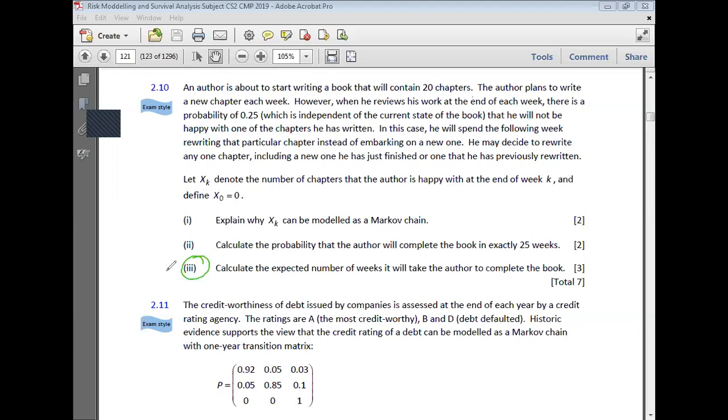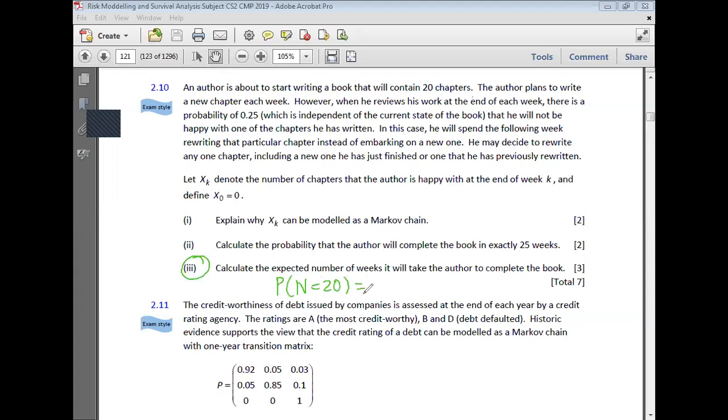Okay, so what is the minimum number of weeks that the author might take to complete the book? Anyone? The minimum number of weeks. 20, right? So we know that the minimum number of weeks that the author will take to complete the book is 20. And let us say that number of weeks I denote by n. So the probability that my n will be 20 is what?